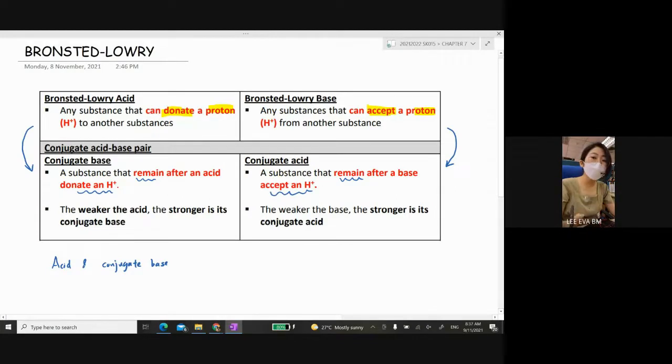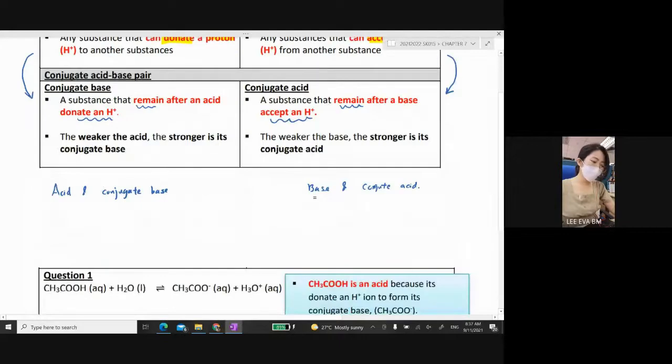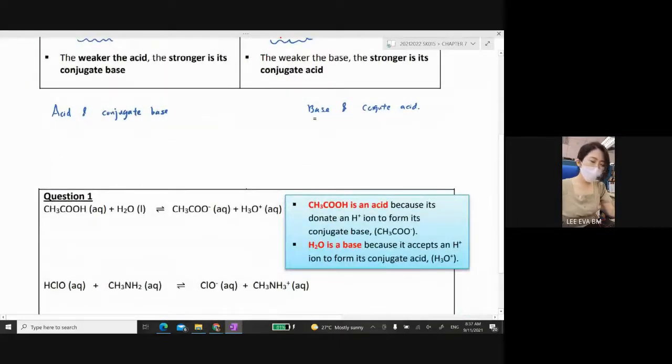So base boleh accept proton kan, selepas dia accept proton, dia akan hasilkan conjugate acid. So dia adalah satu pasangan. The weaker the base, the stronger is the conjugate acid. So base as the reactant will produce conjugate acid as the product. Okay, so definition we hold on first. I'll show you the example to get a clearer understanding about the definition of Bronsted-Lowry.